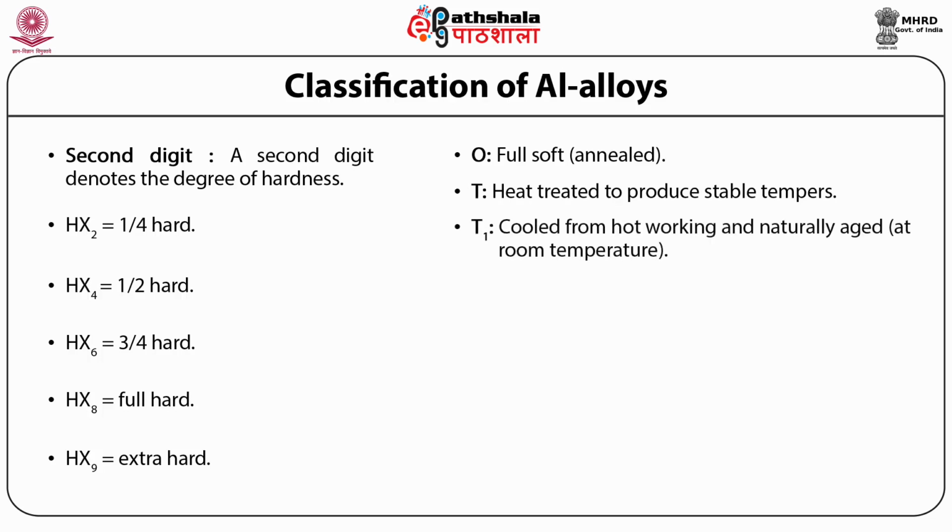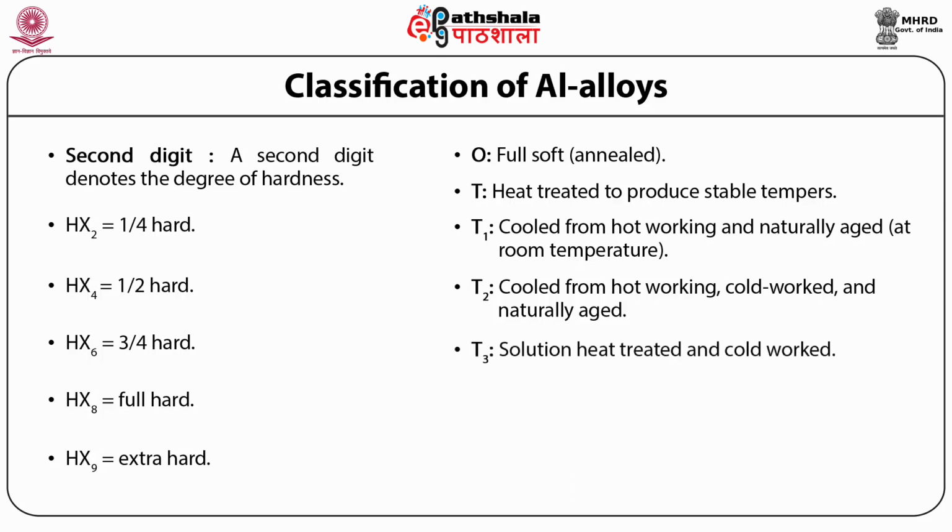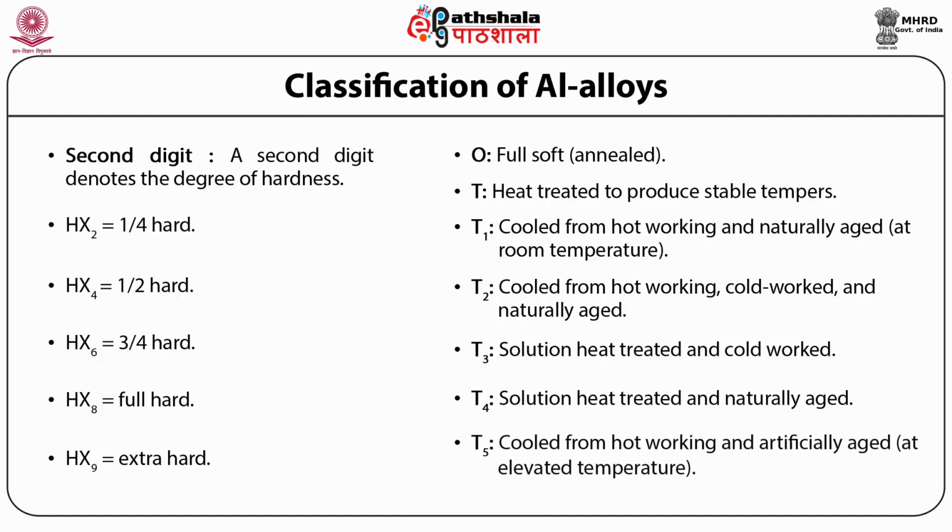T1 is cooled from hot working and naturally aged at room temperature, T2 cooled from hot working, cold worked and naturally aged, T3 solution heat treated and cold worked, T4 solution heat treated and naturally aged, T5 cooled from hot working and artificially aged, that is, at elevated temperature.